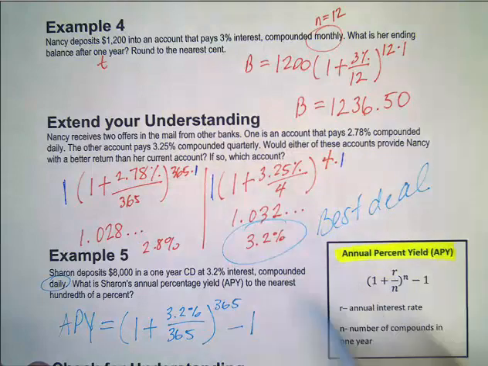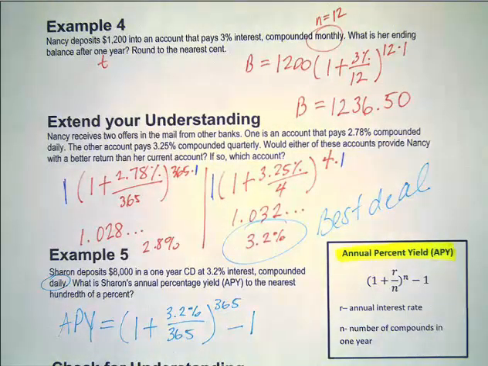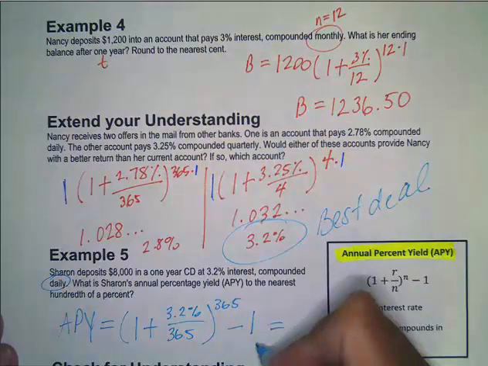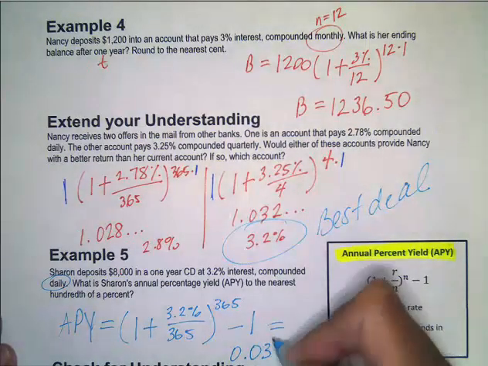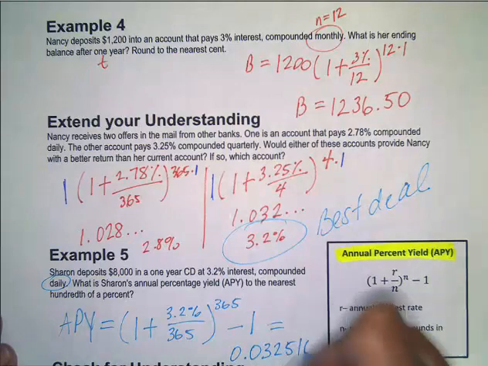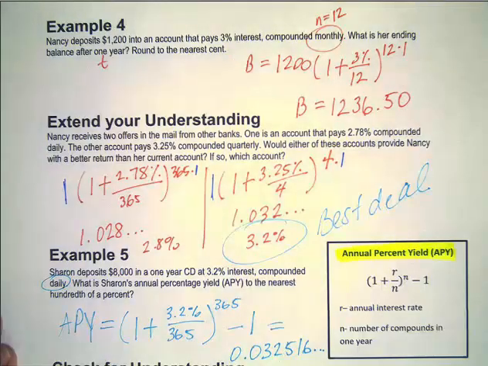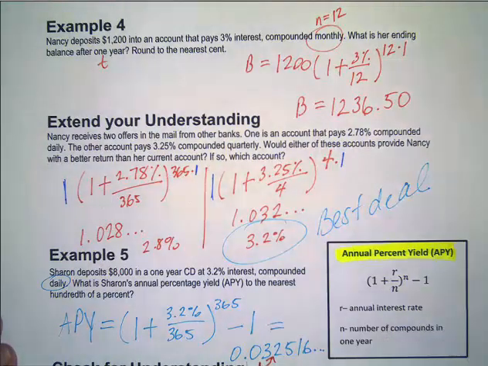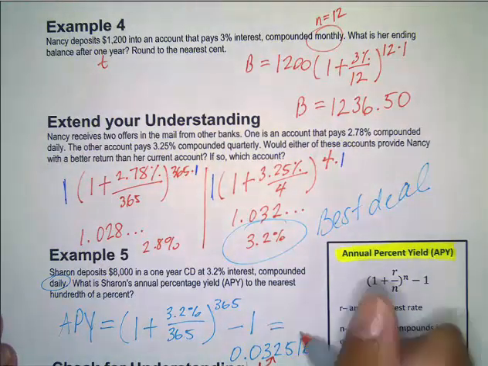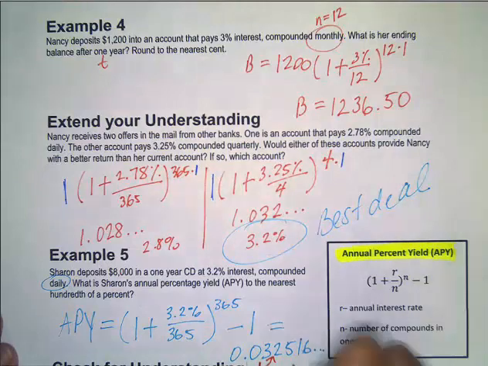So go ahead, pause, put that in the calculator, and find what the rate is. And we're going to the nearest hundredth. So we should get a decimal of 0.032516, and so on. Because it says to the nearest hundredth, you want to multiply by 100, and to the hundredth would be 3.25%.